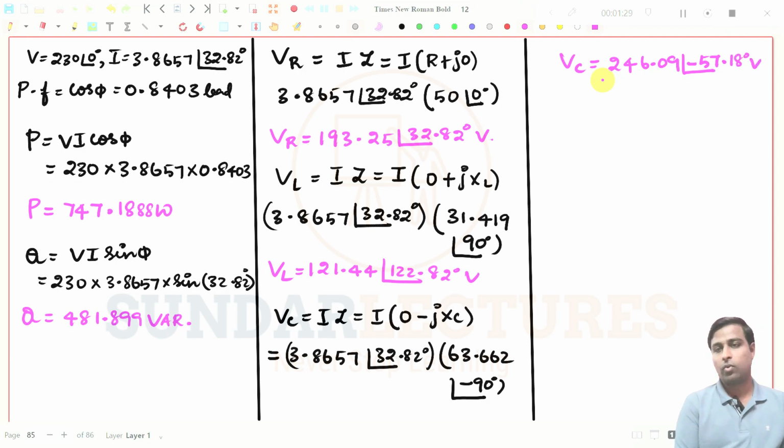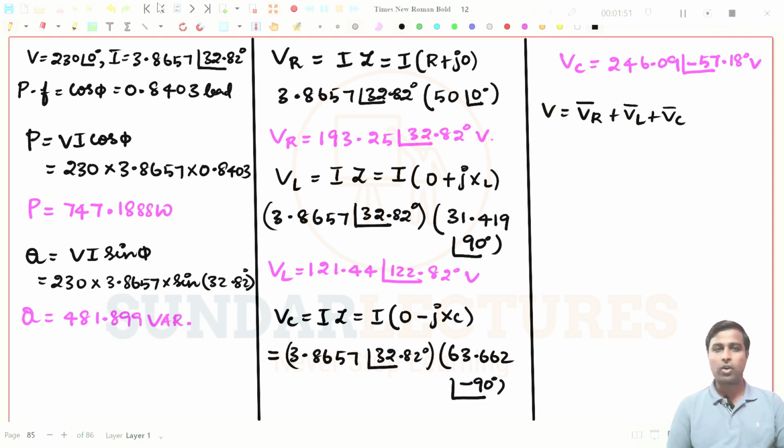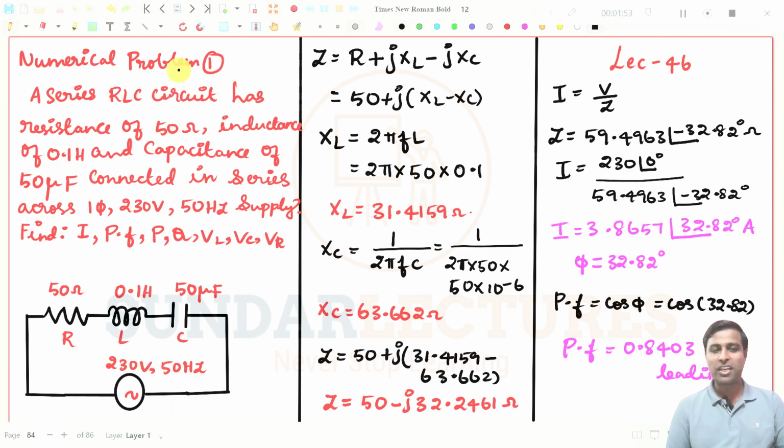So we have found the value of VR, VL and VC. It is very simple to understand that V will be equal to VR plus VL plus VC, that is in phasor. That has to be 230 volt, right? That is the given value. It is 230 at an angle of 0 degree.